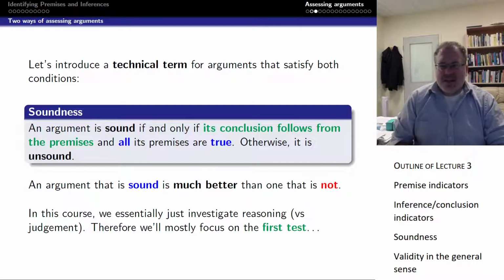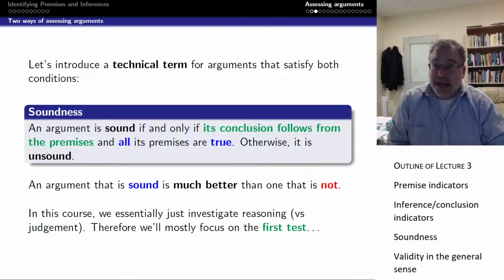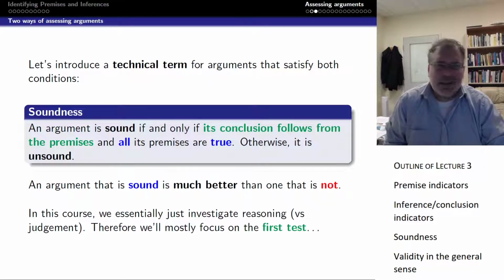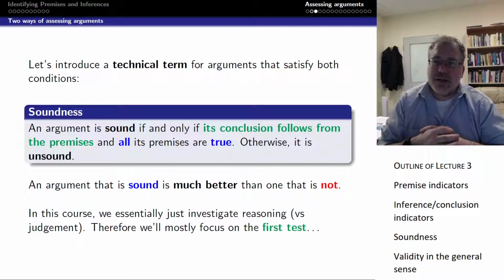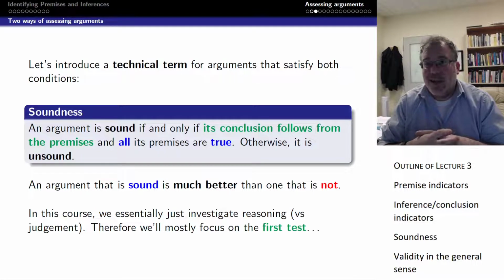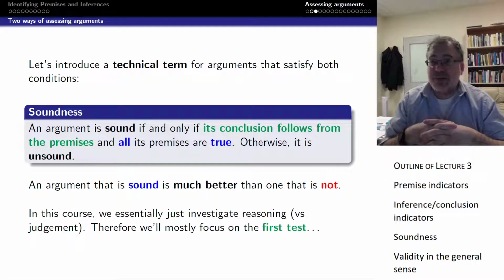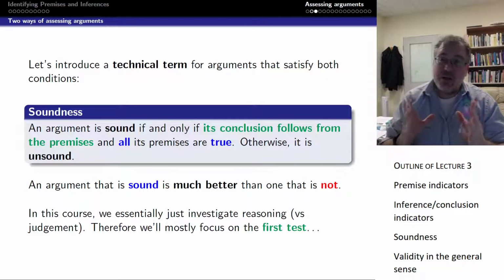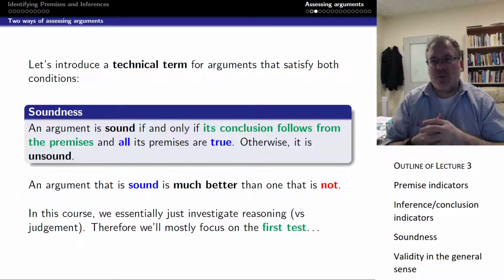Now, in this course, we are not here to really debate too much about what's true and what's false. Right? We're not going to have a debate in this course about whether the moon is made of cheese or not. This course is really about looking at logical connections between various statements. So we're really going to focus on the first question, which is about whether the conclusion follows from the premises.